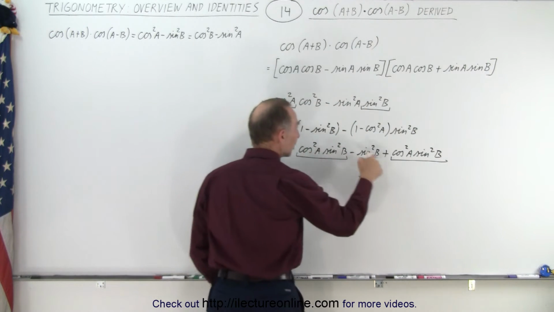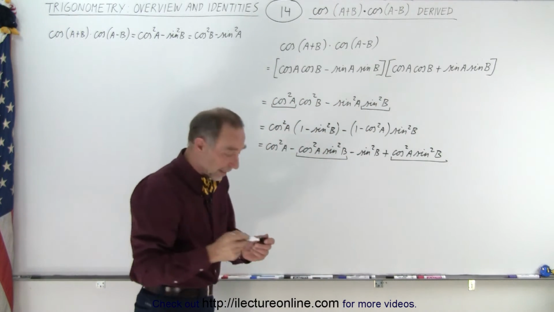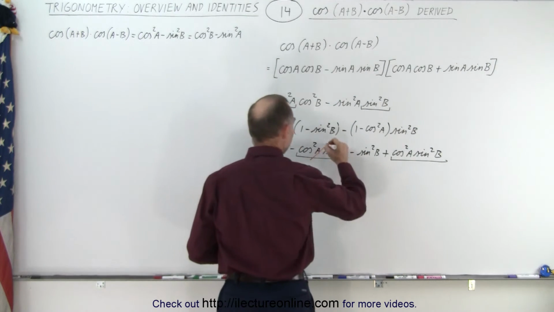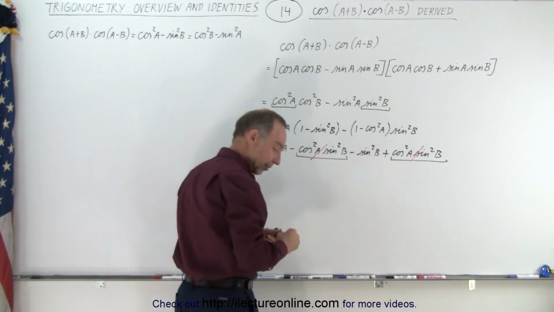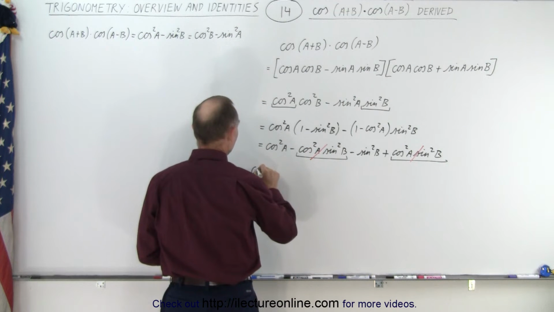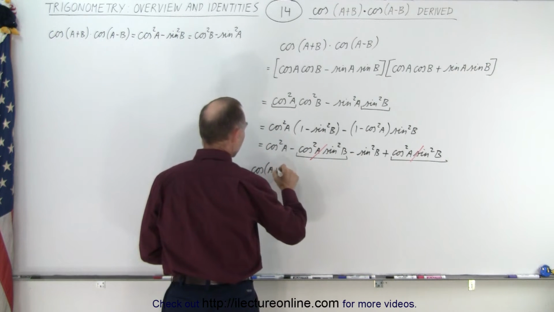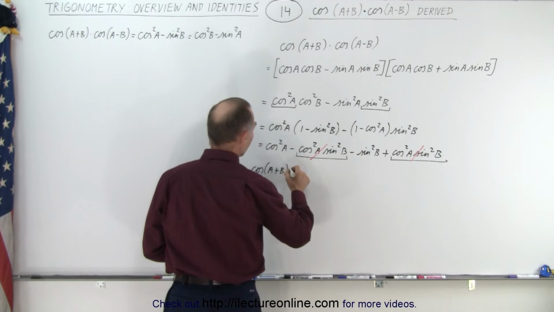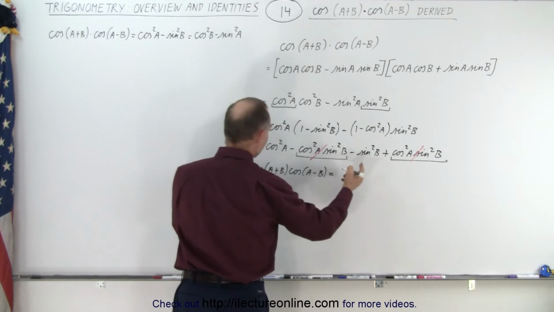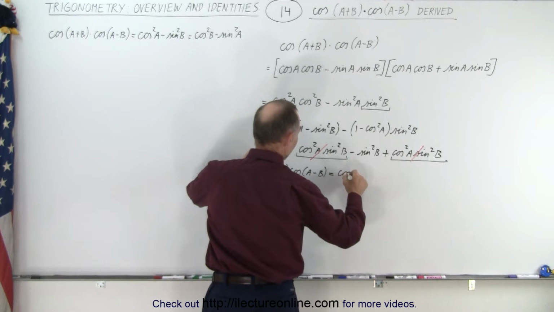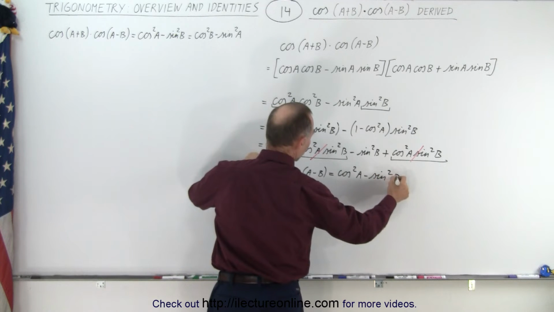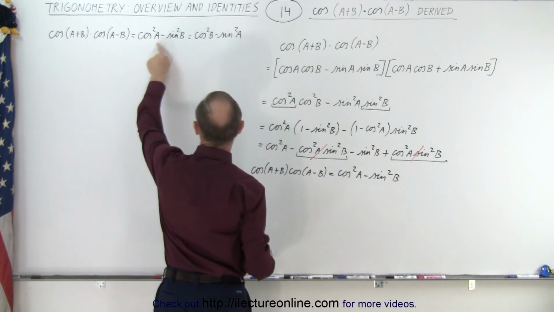One is negative, one is positive, so they cancel out, and that's what we're trying to do. So this one cancels out with this one. And so we end up with the cosine of A plus B times the cosine of A minus B equal to what's left, cosine square of A minus the sine square of B. And that's what we have over here.